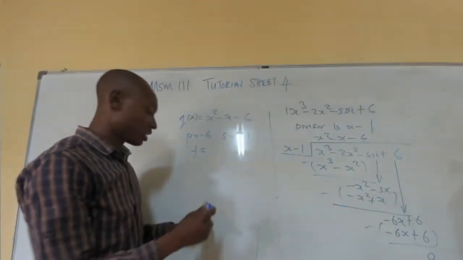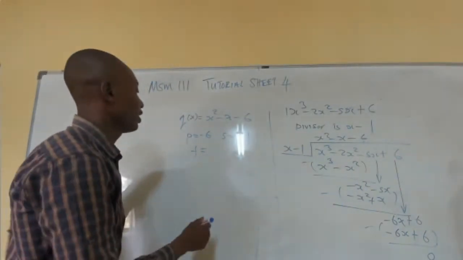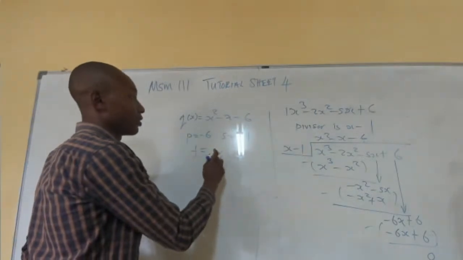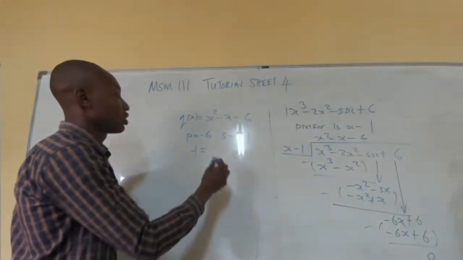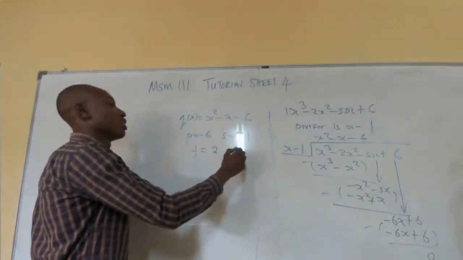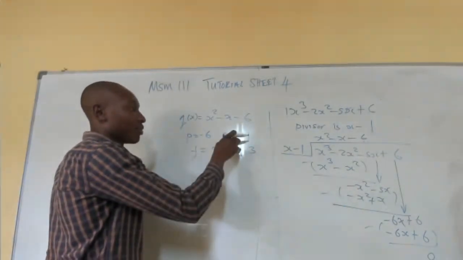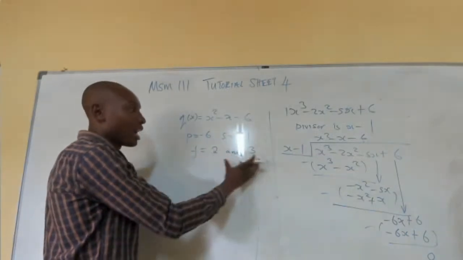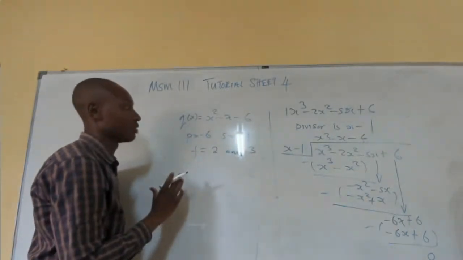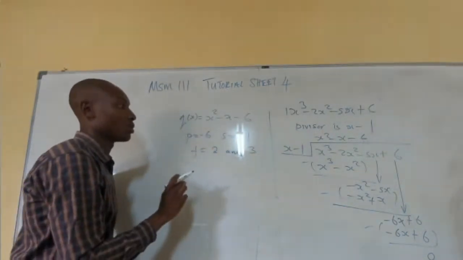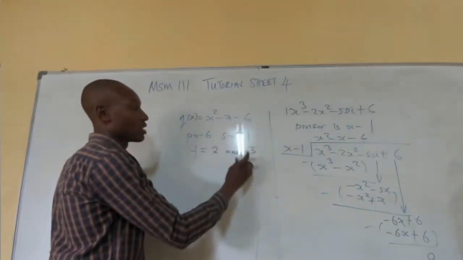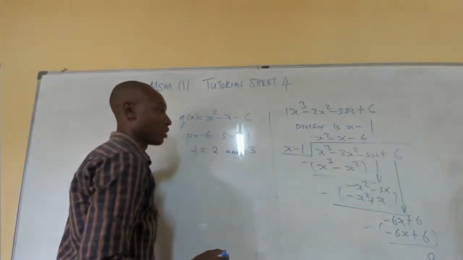So these factors are 2 and 3. For the sum, we have negative, meaning when I add them, we should have a negative. And the product is negative. So which one of the two is larger? 3 is larger, so we have negative 3.